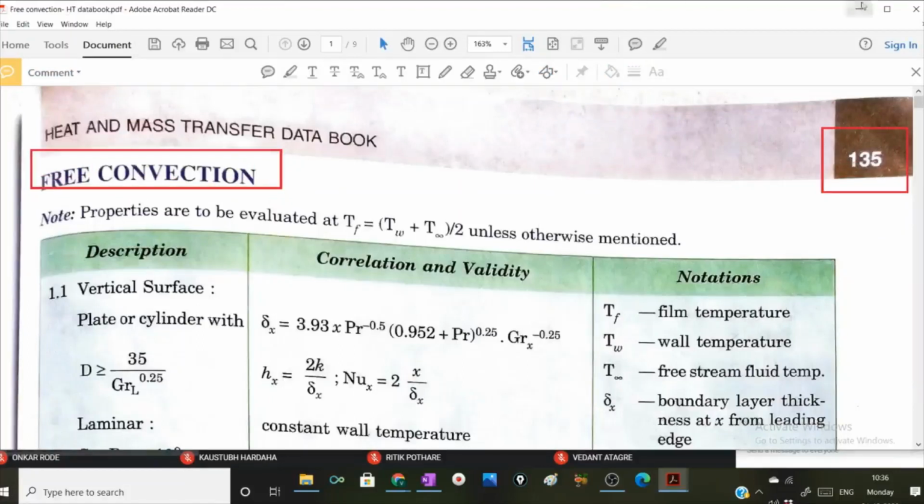And how to find the appropriate correlation for Nusselt number?